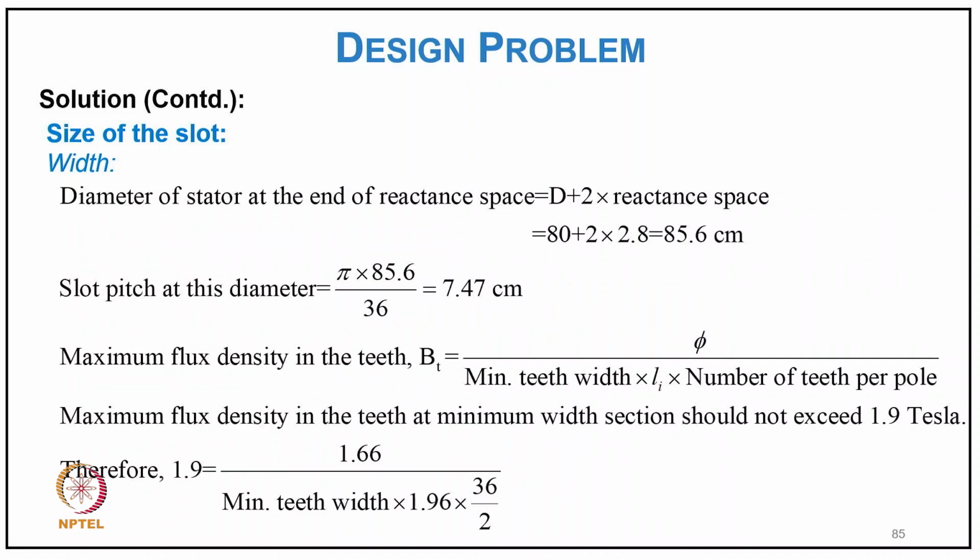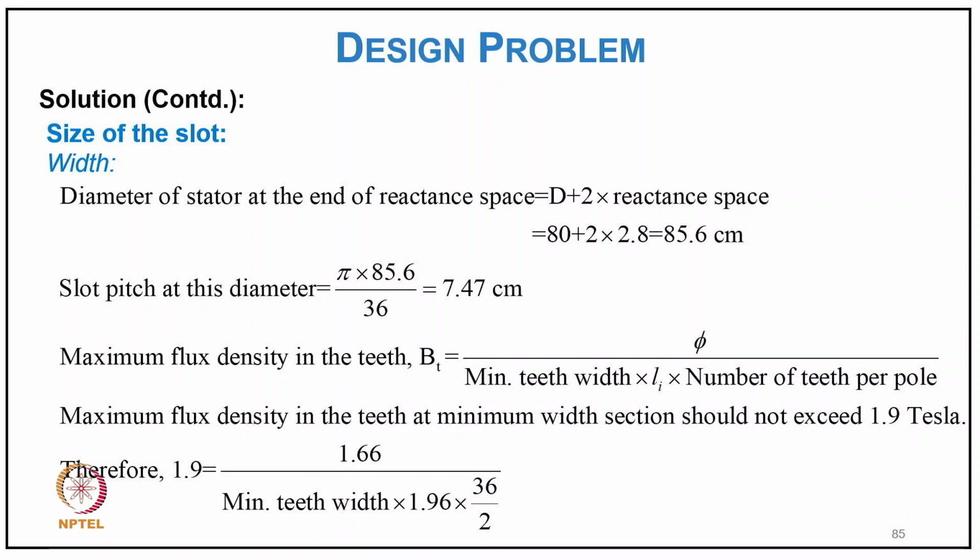Now the diameter of the stator at the end of reactance space is D plus 2 into reactance space, so it comes to 85.6 centimeter, and slot pitch at this is pi D into this by slots 36, that is 7.47 centimeter.